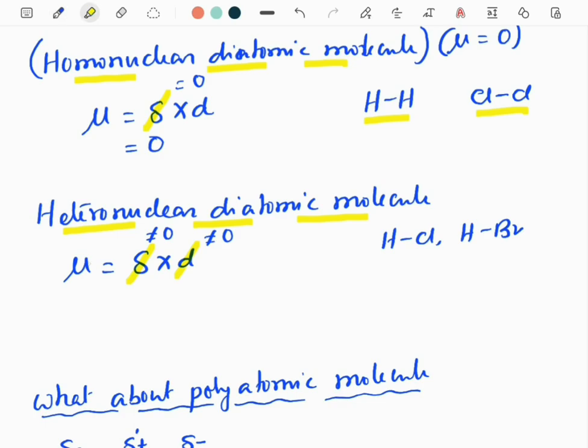So in this case we can say that this dipole moment mu will be non-zero. That means a heteronuclear diatomic molecule will have some dipole moment, and it will be non-zero. That means it will have some considerable dipole moment.